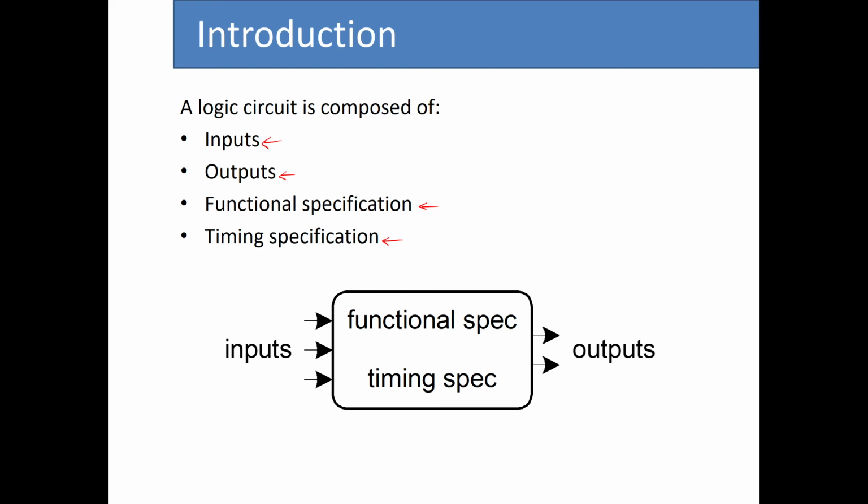Generally speaking, if I want to draw a generic logic circuit, we have something like this. We have some inputs that usually come from the left or top of the logic circuit, and then we have some outputs that usually come out of the logic circuit toward the right or toward the bottom.